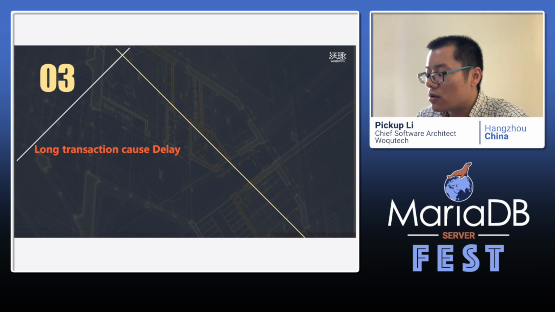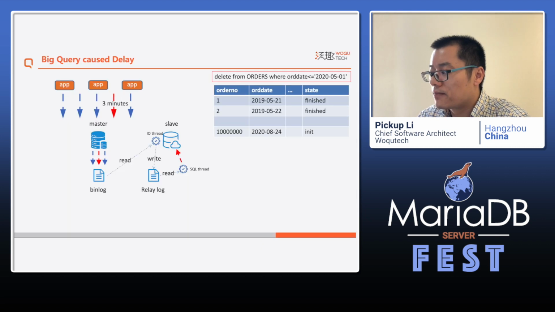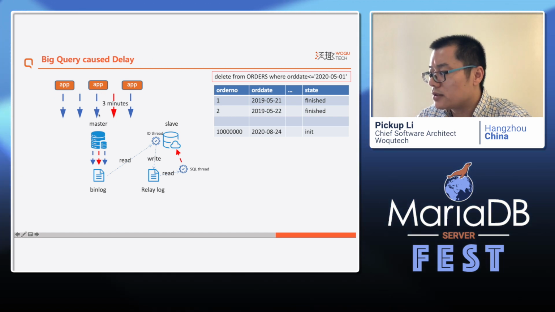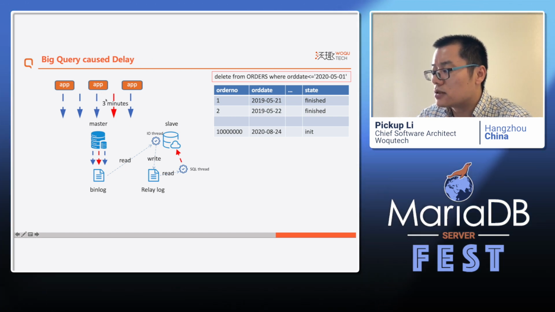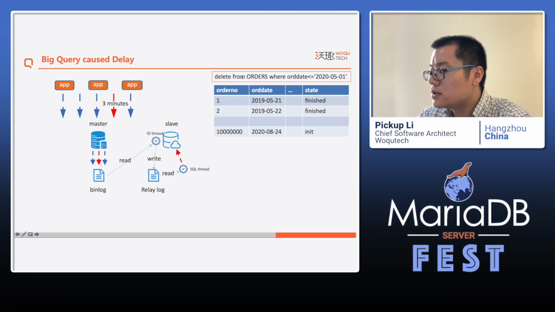Parallel replication of MariaDB cannot completely solve the problem of replication delay. Let's take a look at this scenario. A transaction in the transaction group submits a long query to the master, such as deleting 100,000 records from the table orders.